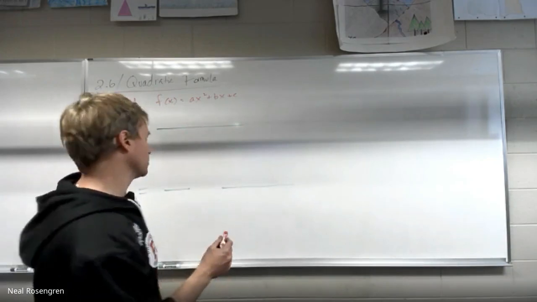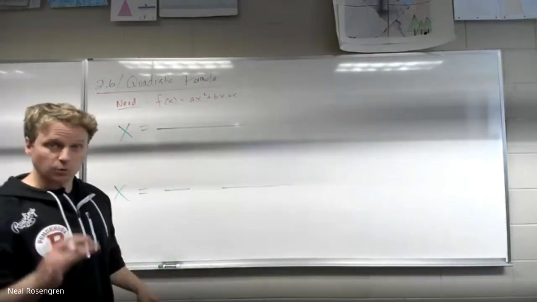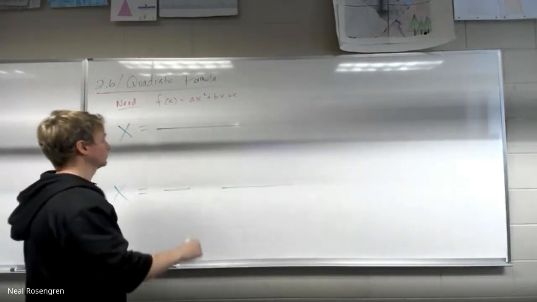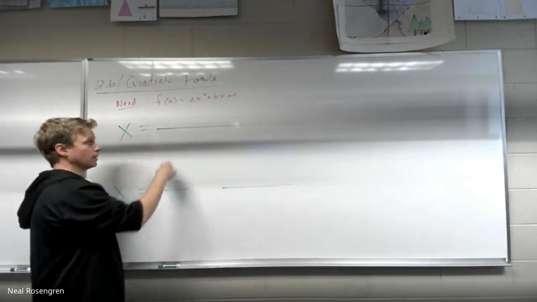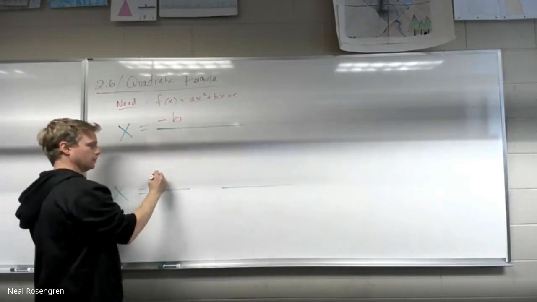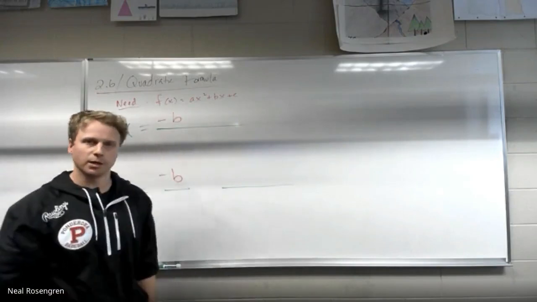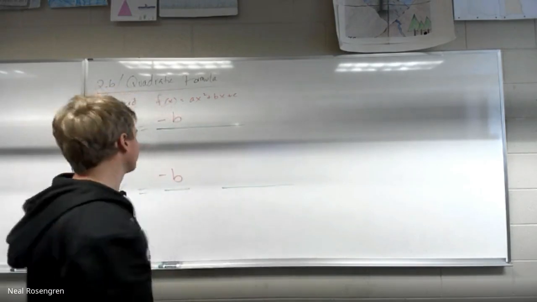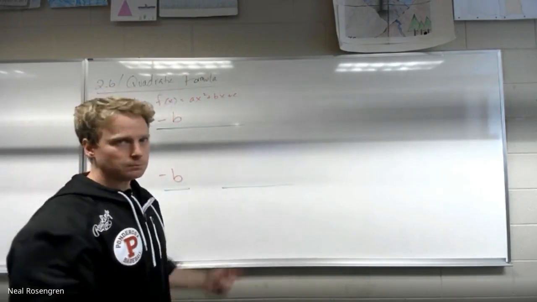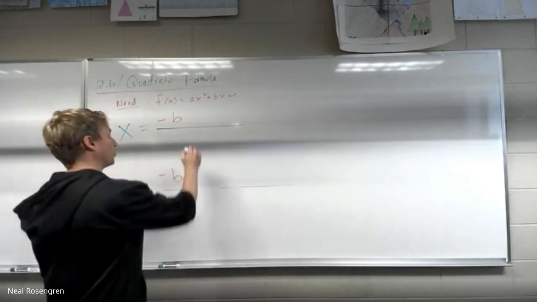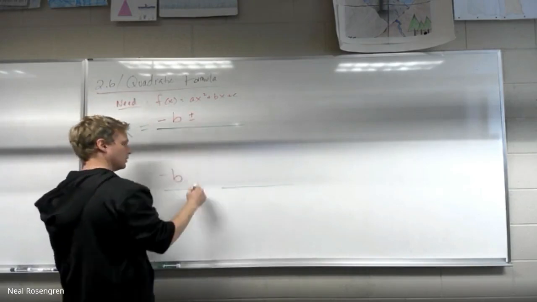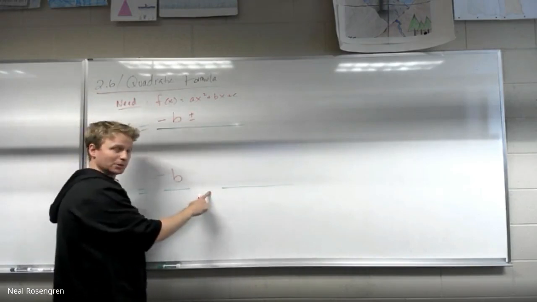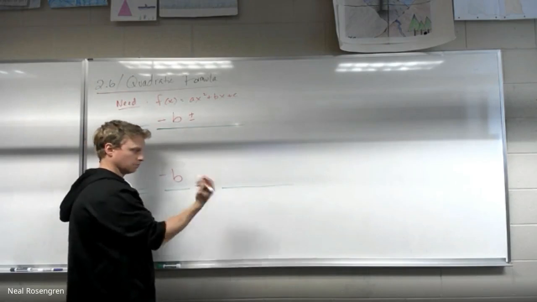I'm going to switch colors so it stands out. X equals, all right, on top. So I'm going to do both, okay? Negative b. No big surprise there from our negative b over 2a stuff, right? Negative b. Now I got a square root coming, so I better put a plus or minus. On the second one, the plus or minus just goes in the middle between them.